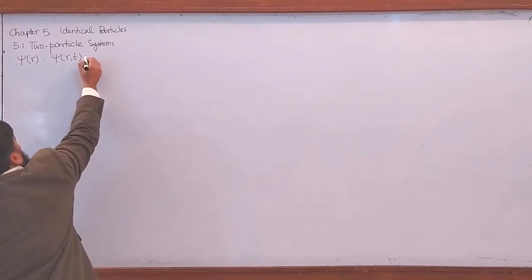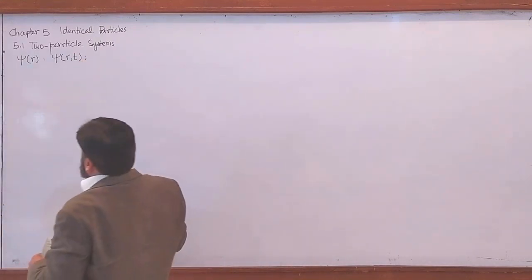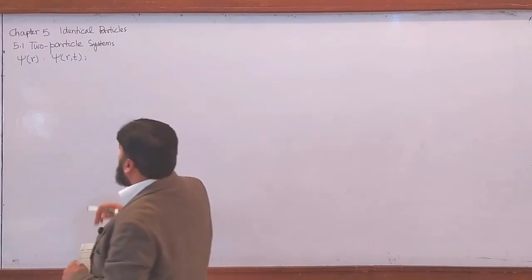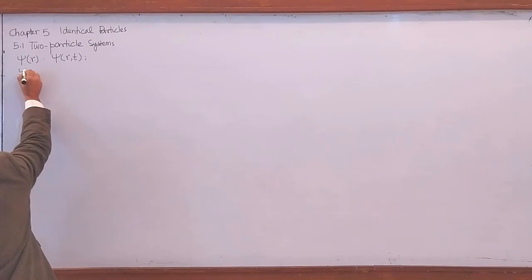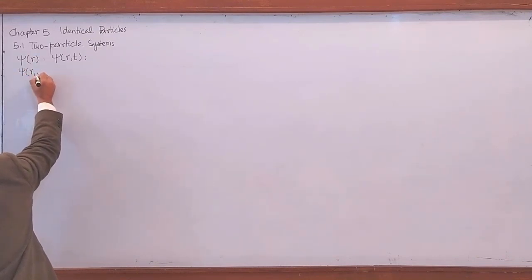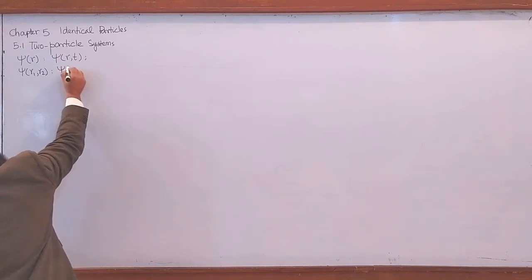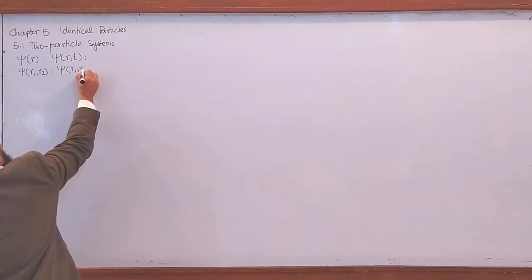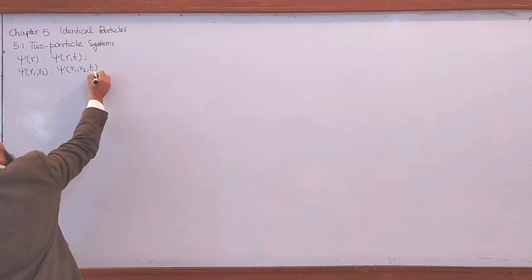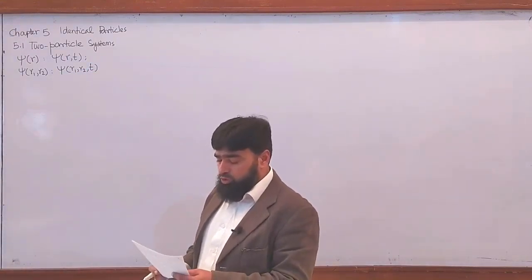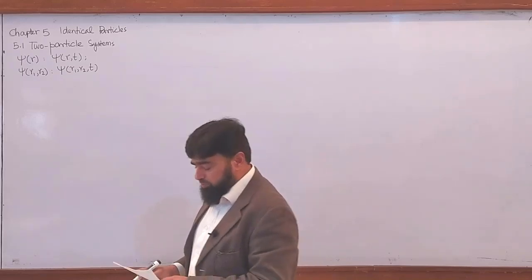Now my wave function will not be of a single particle but two particles. So I will write psi of r1 and r2. And if it depends on time, then this will be r1, r2 and time. Time is the same for both the particles. There is no t1 or t2.